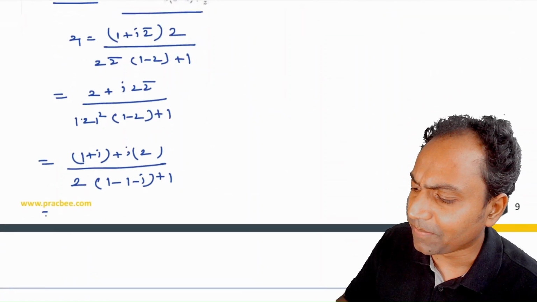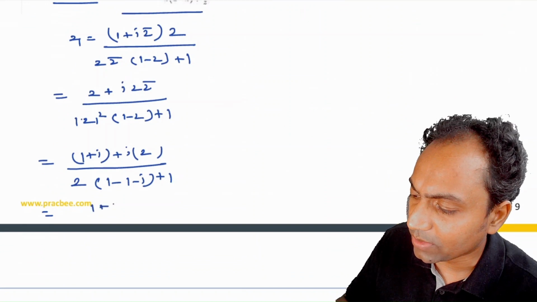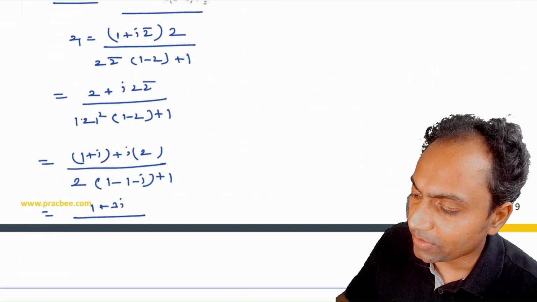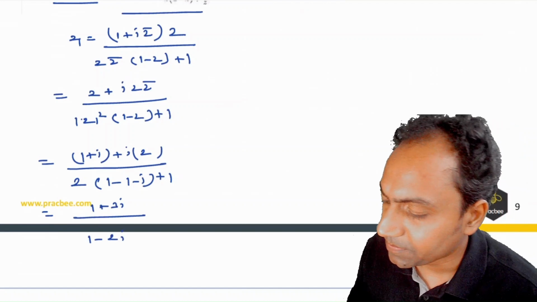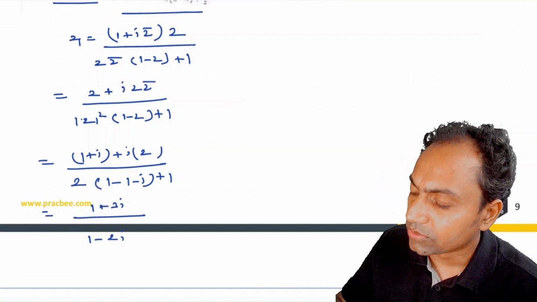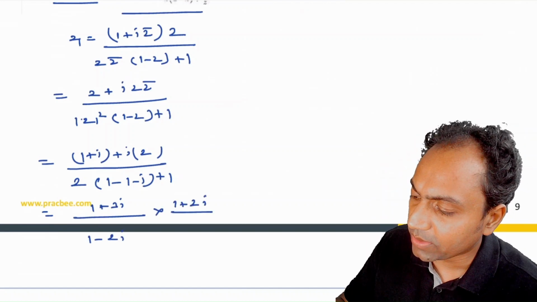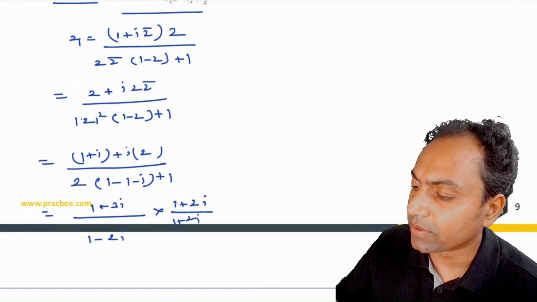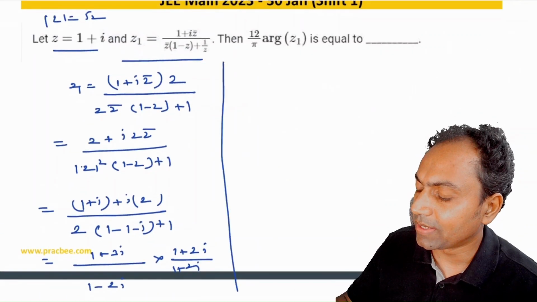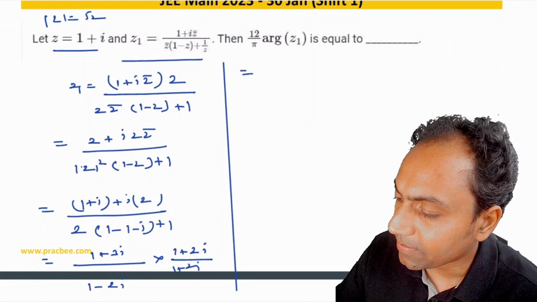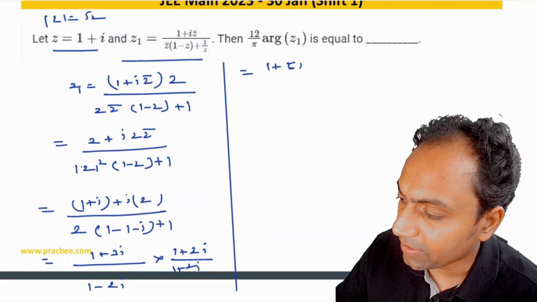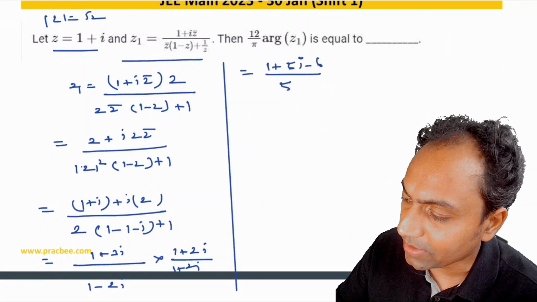And if you do this very simple calculation, in the numerator what you are getting is 1 plus 3i, and in the denominator 1 minus 2i after simplification. So if I rationalize by multiplying numerator and denominator by 1 plus 2i, what we get is 1 plus 5i minus 6, and the denominator again 5.